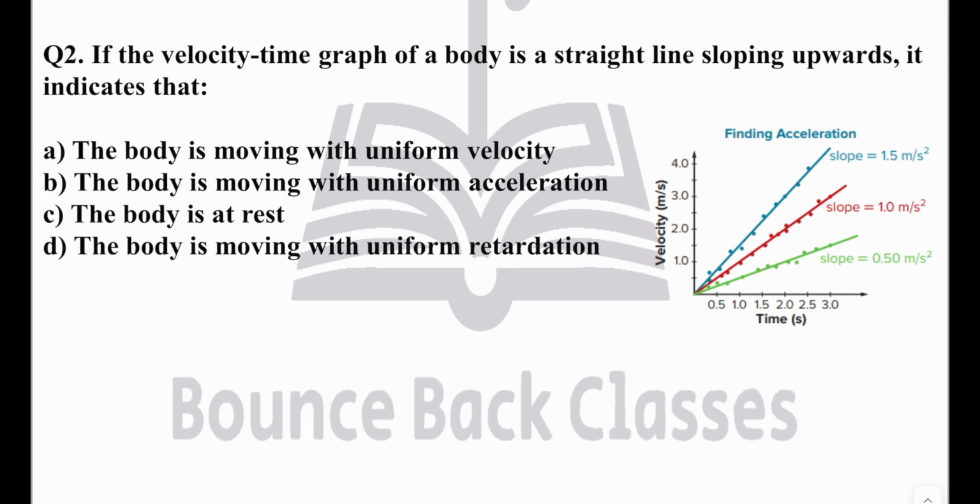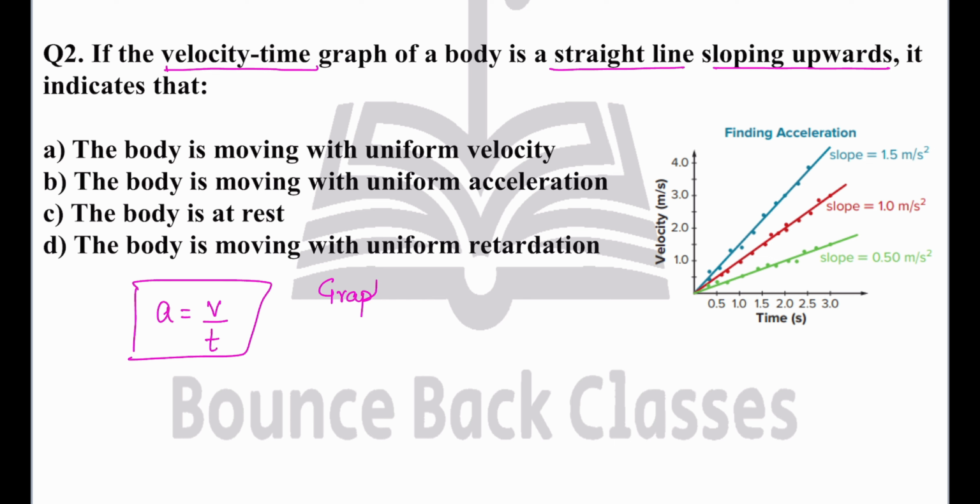Simple. Interesting question. If the velocity-time graph, as we know, acceleration is velocity divided by time. So velocity-time graph is given, a straight line sloping upward. It indicates that. What is the meaning? What you need to remember: if the graph is a straight line, it means acceleration is constant or uniform.